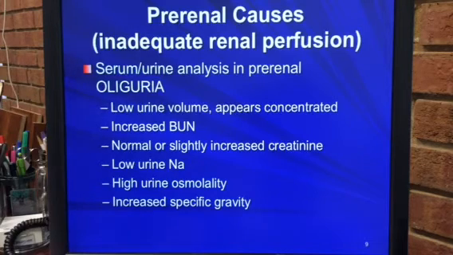So if we're looking at the blood and the urine in pre-renal, and notice I've got bold-faced oliguria. So, you know, is this acute kidney injury? Yes, by the new criteria, but it is readily reversible if we catch it early.